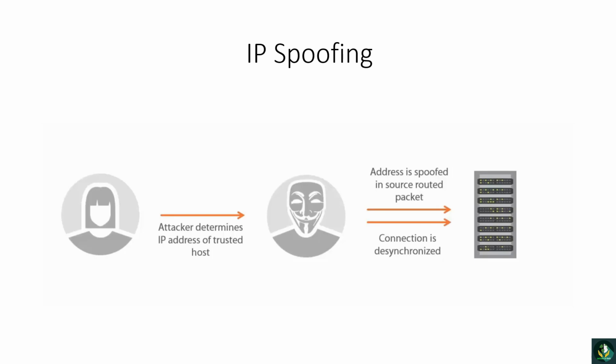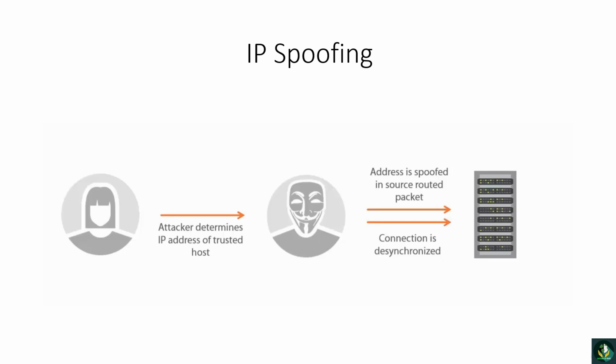So let's take a look at how this works. Firstly, let's bring our attacker in. The attacker is going to determine the IP address of a trusted host. Once they've got it, they can construct what's referred to as a source route packet. That's a packet where the sender actually determines the route it is going to take.